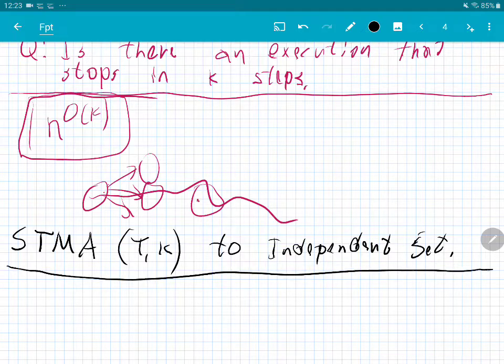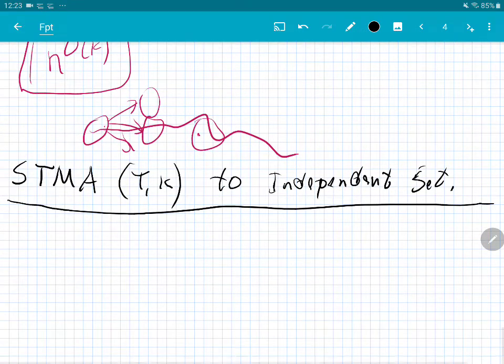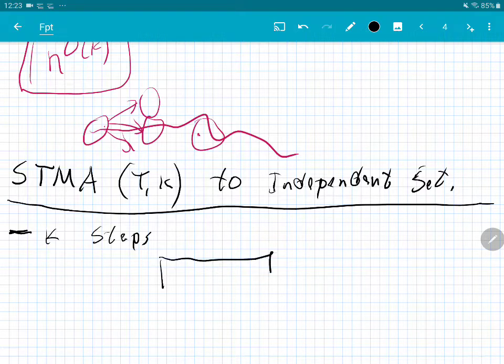Okay. So some important things to remember. First, since the Turing machine is allowed to make only k steps, you care only about the first k inputs, because you can read only the first k cells of the input.